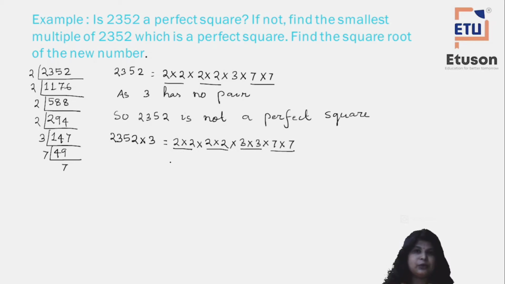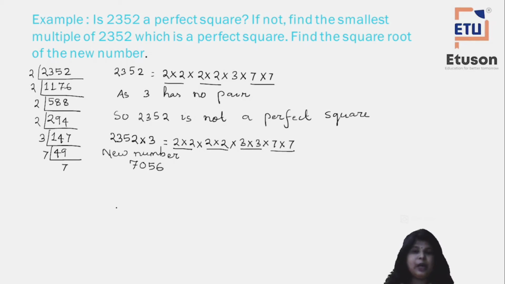Right? So what is that number? So the number is 7056. So the new number is 7056. It is the perfect square.